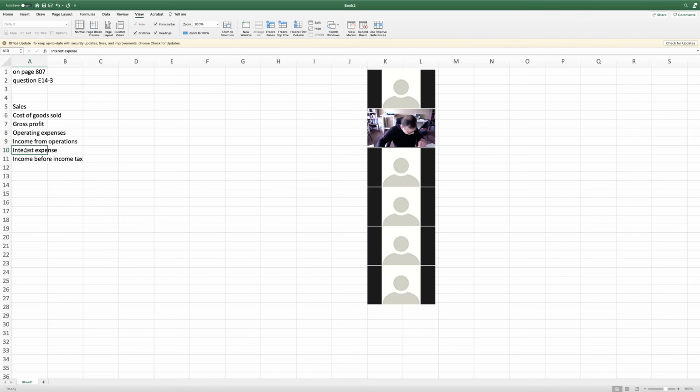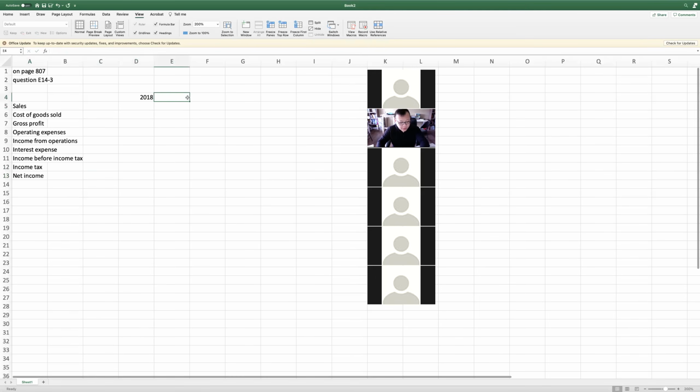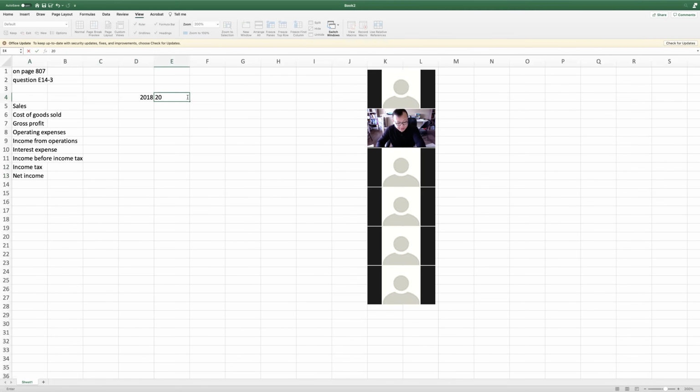Then interest expense, and the difference between these two is the income before income tax. And then you have income tax, and then the net income. And we know the three years' numbers: 2018, 2017, and 2016.